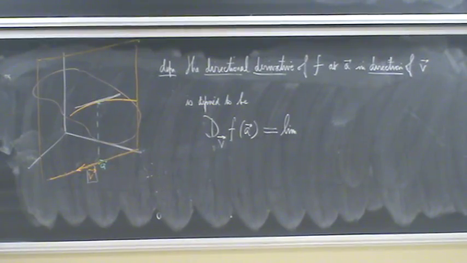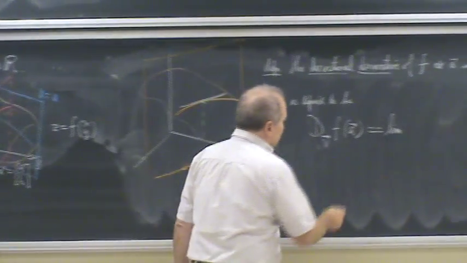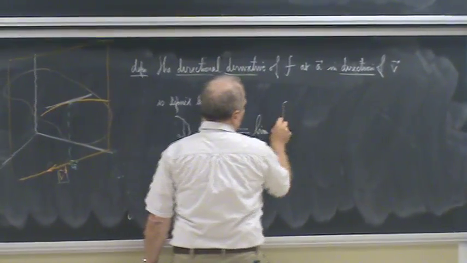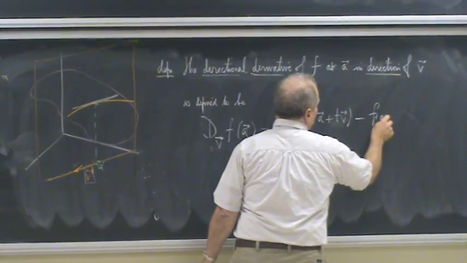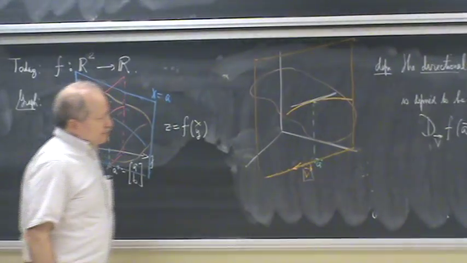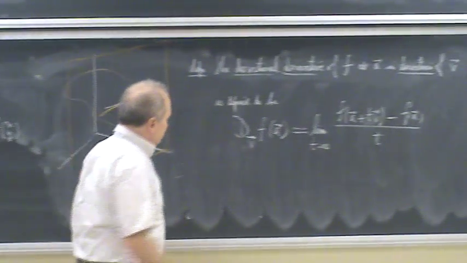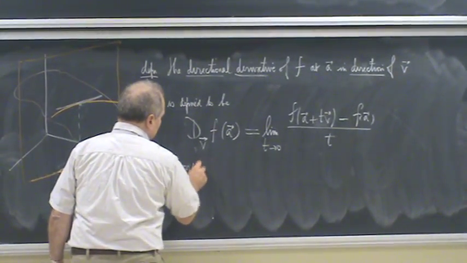A plus a scalar times v, tv. So now we have a new letter t, and we'll look at f at a plus tv minus f at a, over t. And I should say it's defined to be this, provided the limit exists.